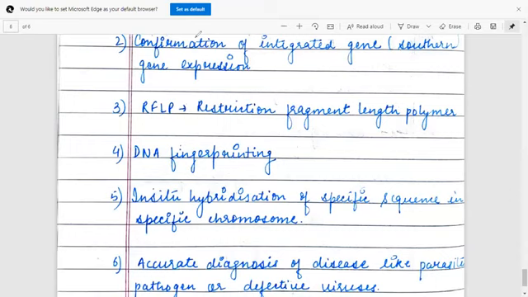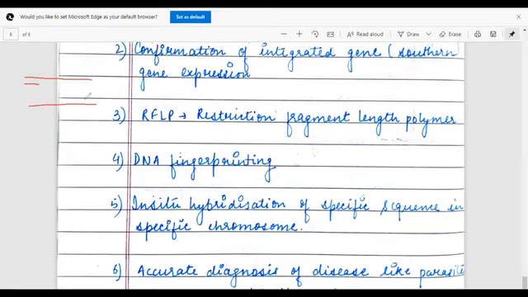In normal PCR there is a forward primer and a reverse primer, and then there is a specific probe. Through real-time PCR it can be detected. Here also this can be used.